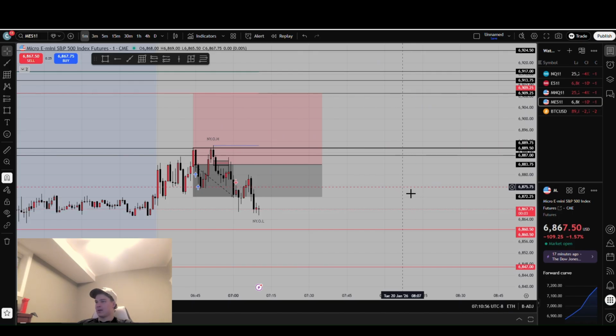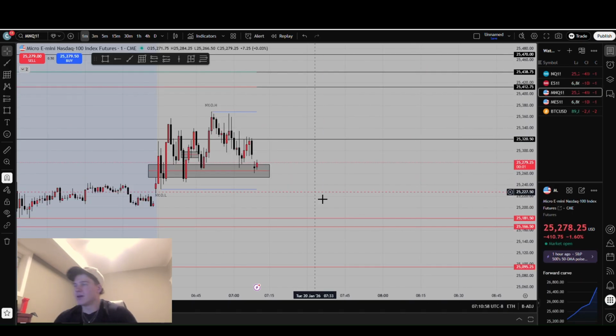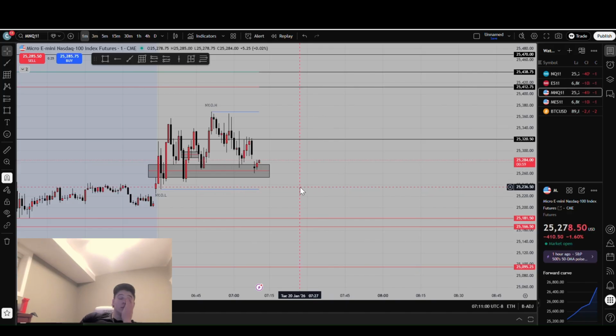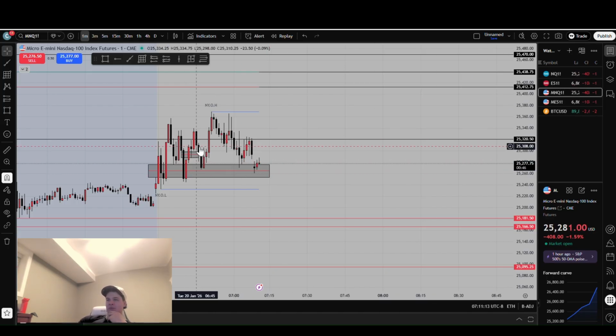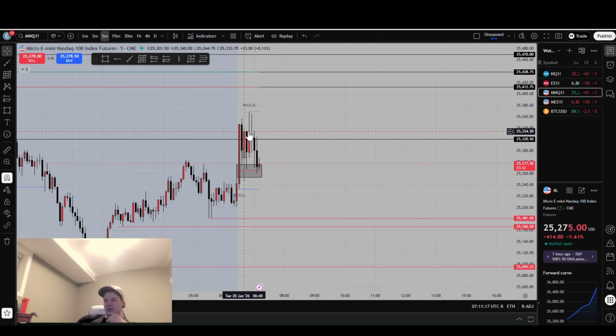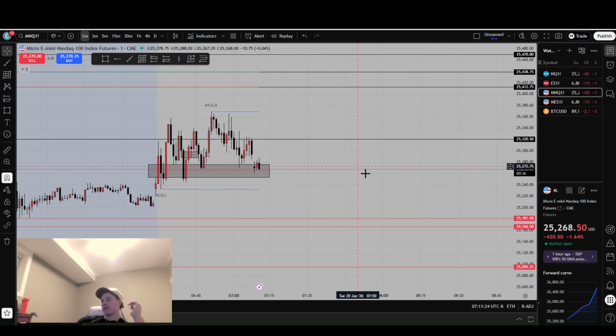Looks like ES wants to take those equal lows, which is fine, I guess. I mean, if we had taken this on NQ, we would still be in the trade, which is the crazy thing. The stops would be at that 5-minute low there. So yeah, we would still be in the trade on NQ.